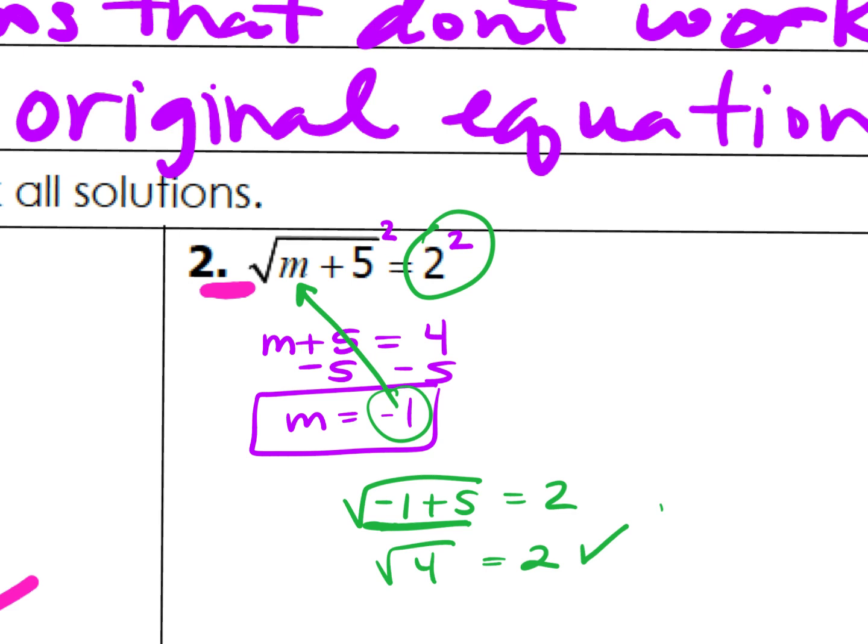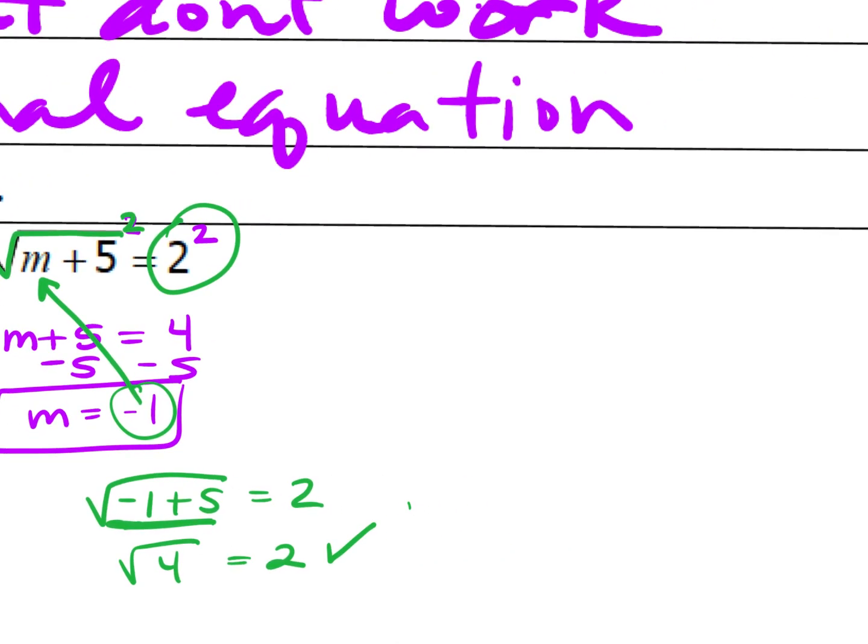If this whole thing is square rooted and then we square it, a square and a square root are inverse operations, so they just essentially cancel each other out. So then what you're left with is whatever's under the radical. So like if I had the square root of x plus 3 and I square that, that takes this and this away.